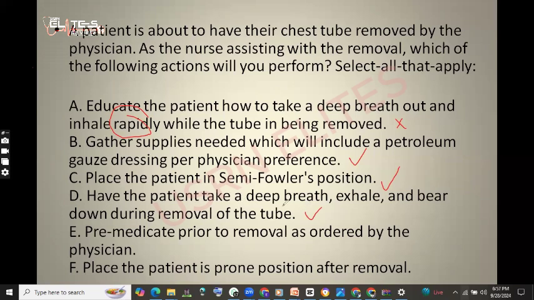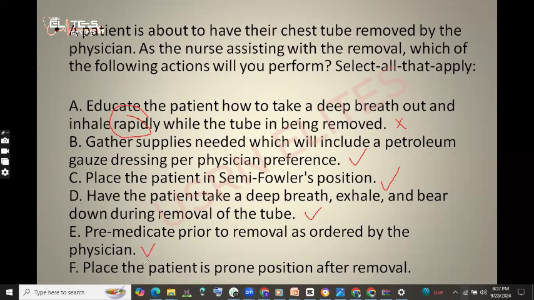Don't expect to see all these things spelled out before you know it is a correct answer. Option E: pre-medicate prior to removal as ordered by the physician. Yes, it's correct. Which pre-medications mostly? Analgesia, morphine, pain medications.